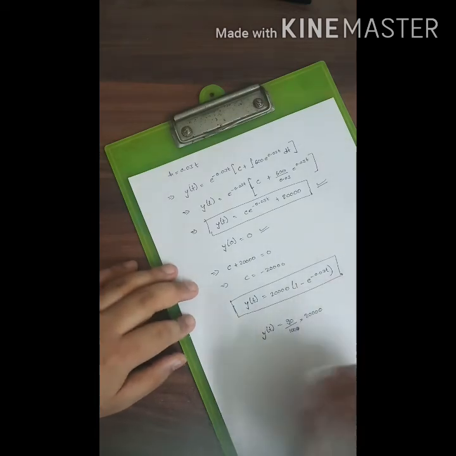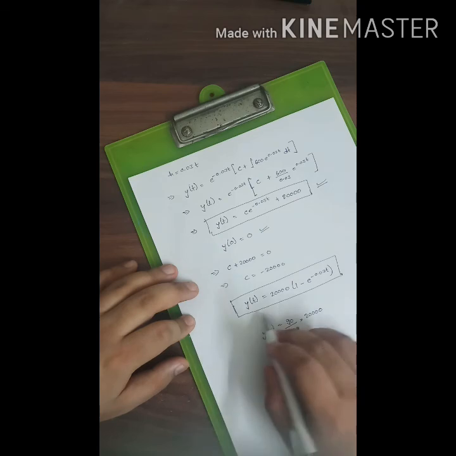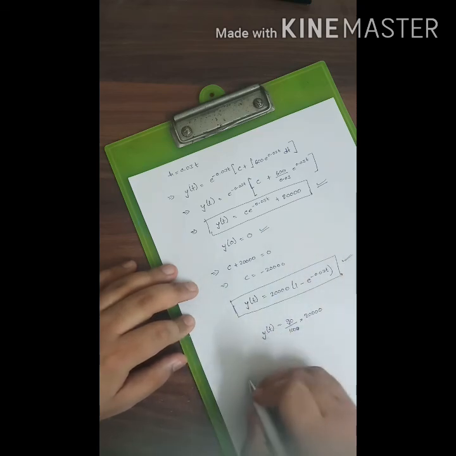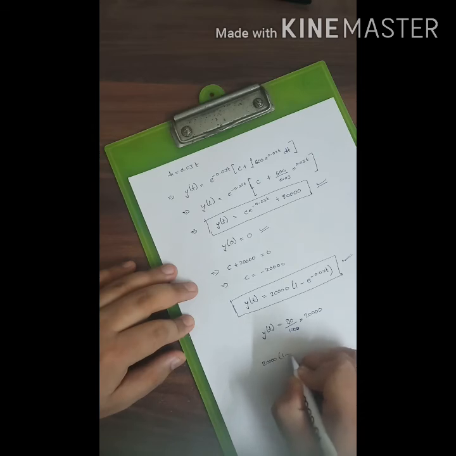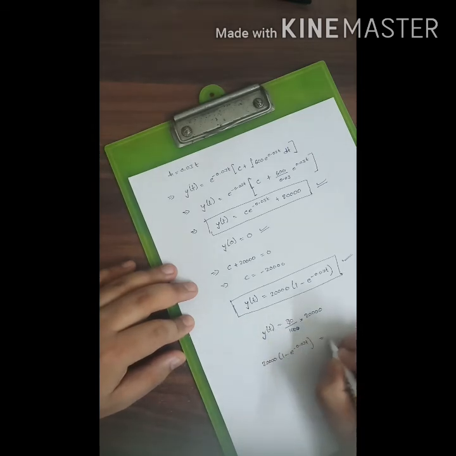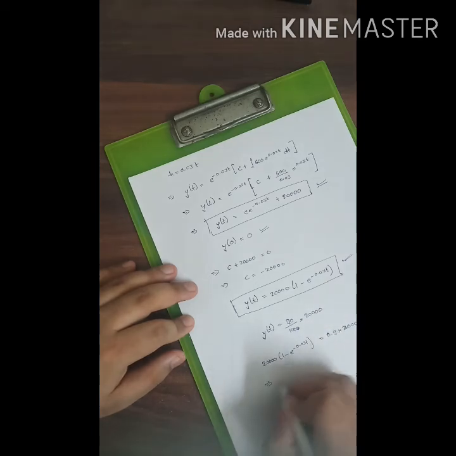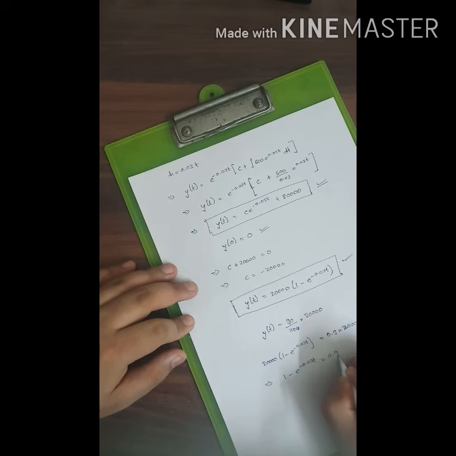Let's put this value right here: 20,000 times 1 minus e raised to the power minus 0.03t equals 0.9 times 20,000, which implies 1 minus e raised to the power minus 0.03t equals 0.9.